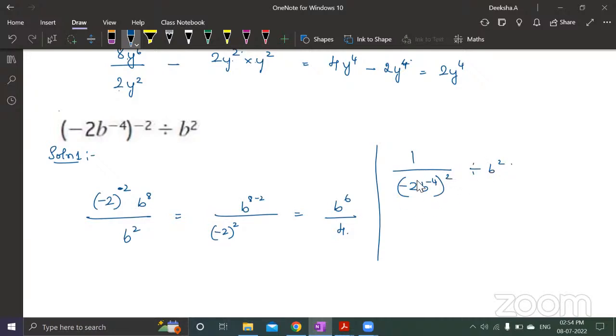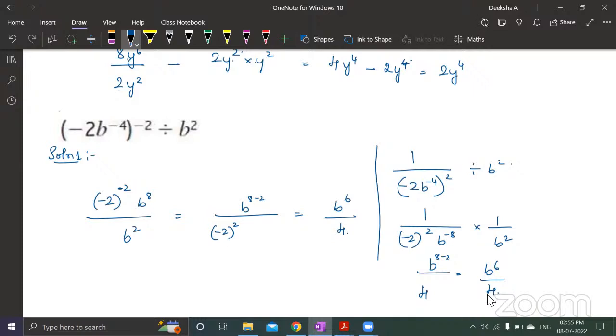Multiply this power 2 to both of these numbers, so you get minus 2 square b power minus 8. In the next step, divided by b square is 1 by b square, right? Into 1 by b square. Now this minus 8, you can take it to the numerator, and this is 4. So this is b power plus 8, and this 2 goes to the numerator, which is b power 6 by 4.